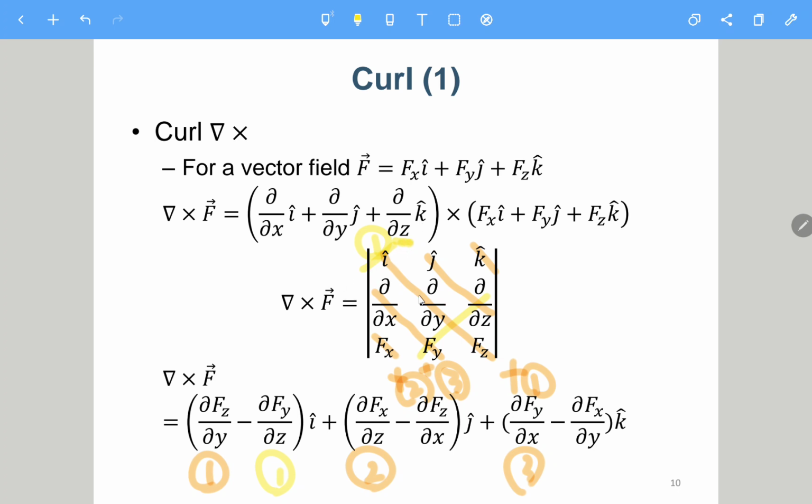If it is a diagonal going from top right to bottom left, it will have a negative sign. If it is a diagonal line from top left to bottom right, it will have a positive sign.